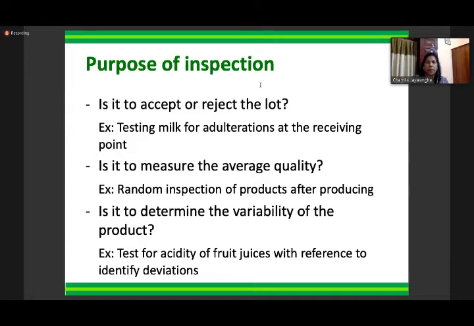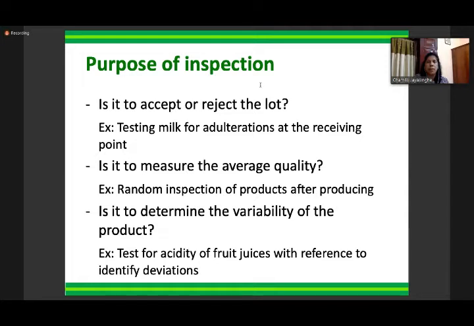If the acidity is high, they take precautions to reduce the acidity. Likewise, especially with flavors or colors, they add natural flavors or natural colors. Then they will be able to make the correction.